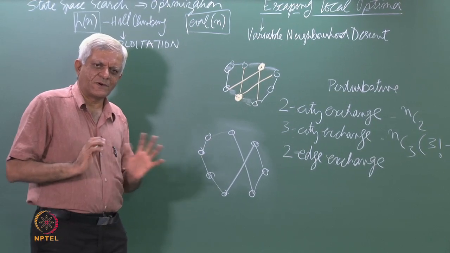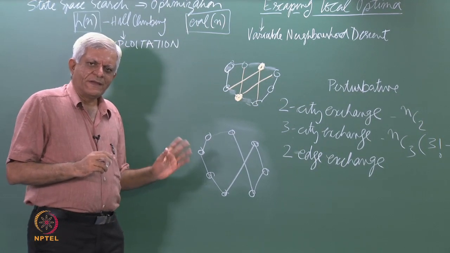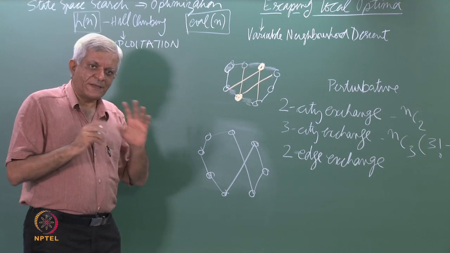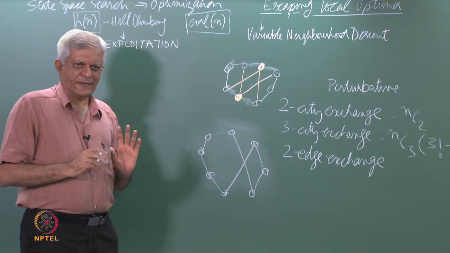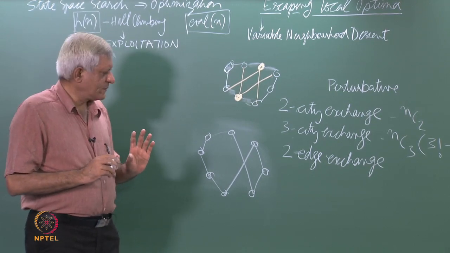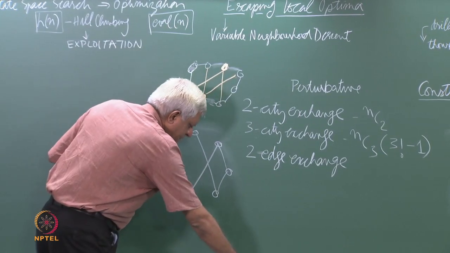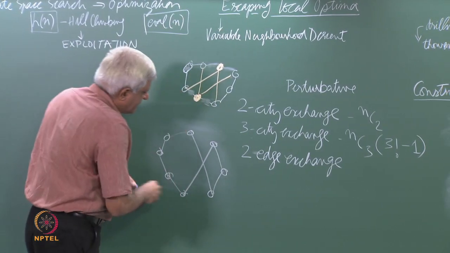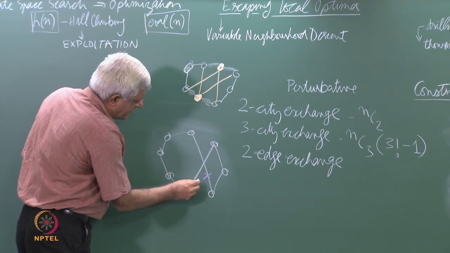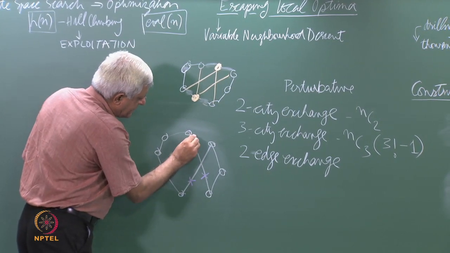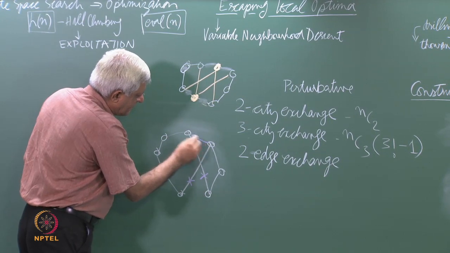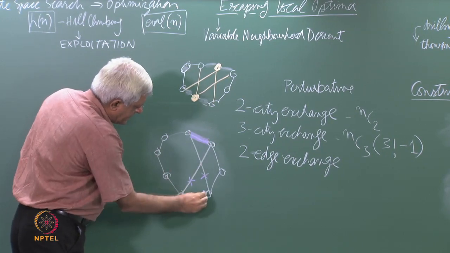If I could somehow remove them and replace them with two shorter edges, keeping it as a complete tour, I can transform this problem into another problem in which instead of this edge and instead of this edge, I add this edge, and I add this edge.